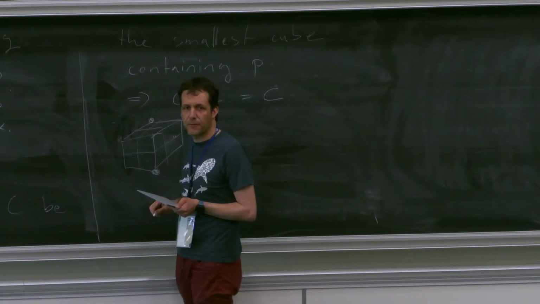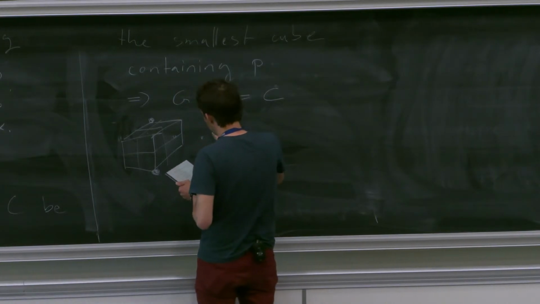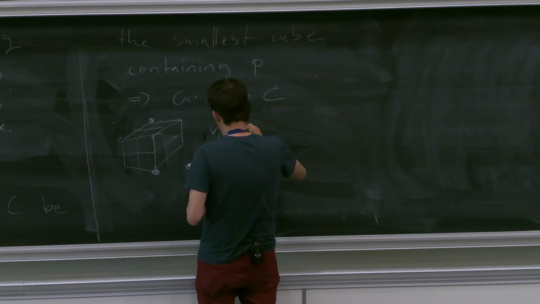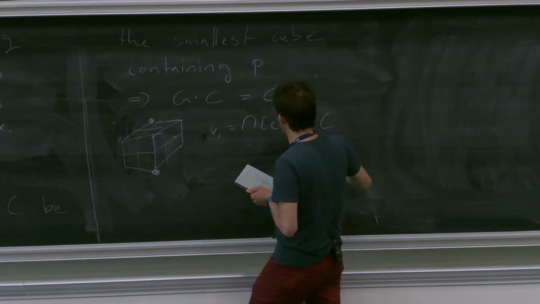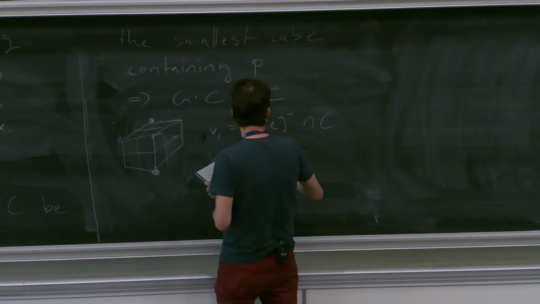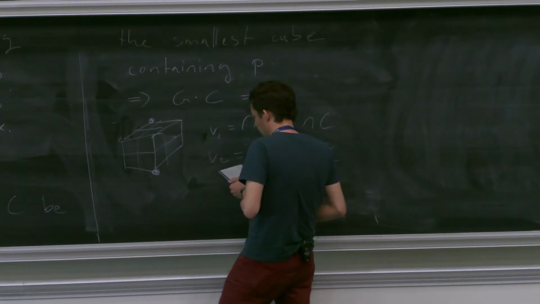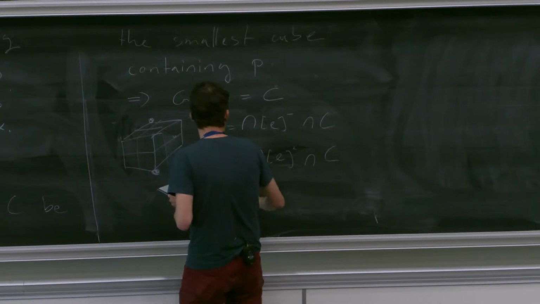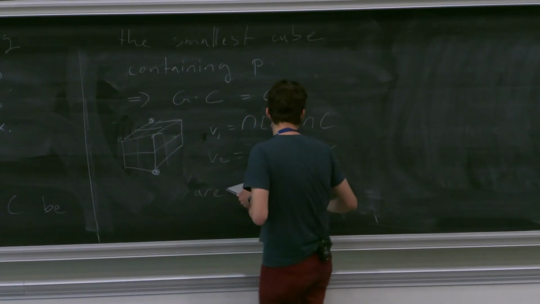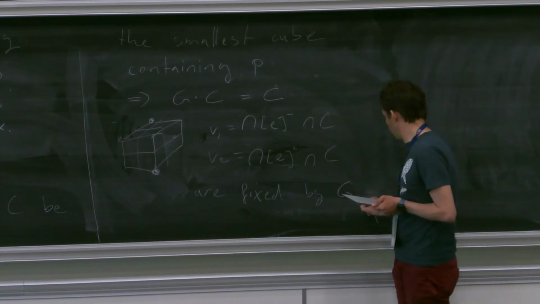So these are two vertices, and they also need to be preserved by our group G. So if you have V1 to be the intersection of all the negative half spaces in C, and V2 to be the intersection of all the positive half spaces in C, then these are fixed by G. So we have a fixed vertex.